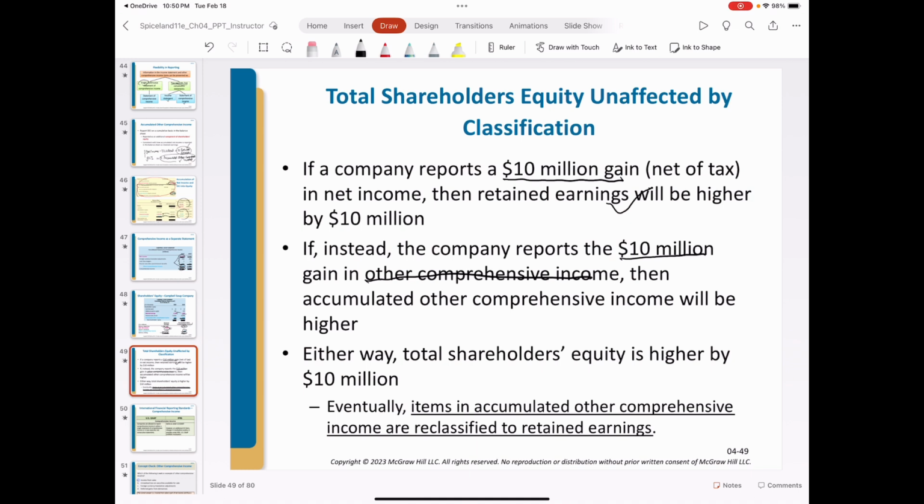And unrealized holding gains and losses will finally be realized, so they will become realized gains and losses. And we can also say the other comprehensive income and losses are candidates of gains and losses reported in the income statement.